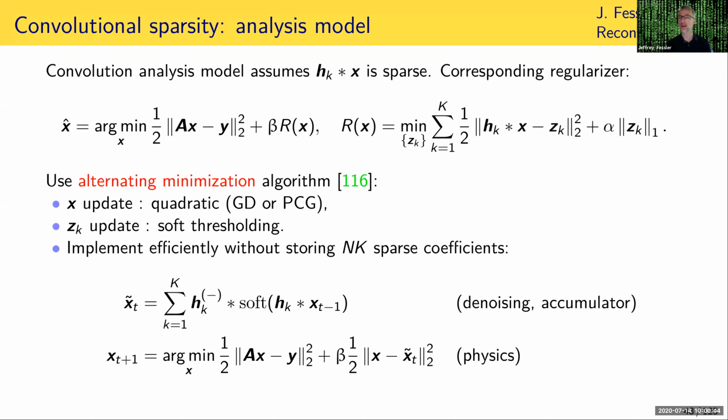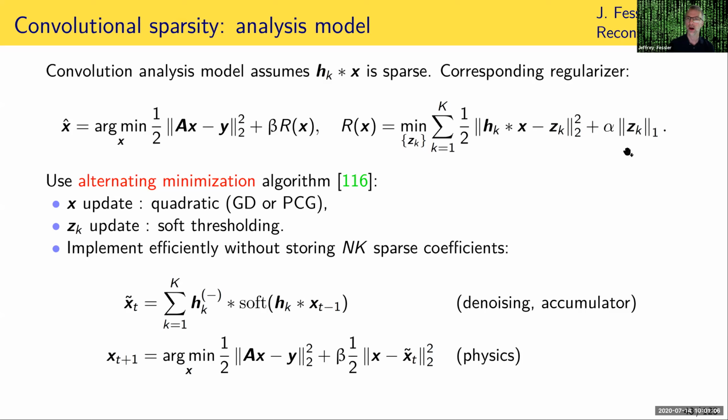Now, if you think that's a good model, then your regularizer will take the difference between convolving the image with those filters and comparing to coefficients that we want to be sparse. You've got the theme now. We have alternating minimization with a quadratic update for x, and here the z update is extremely simple. There's nothing in front of z, so it's just soft thresholding.